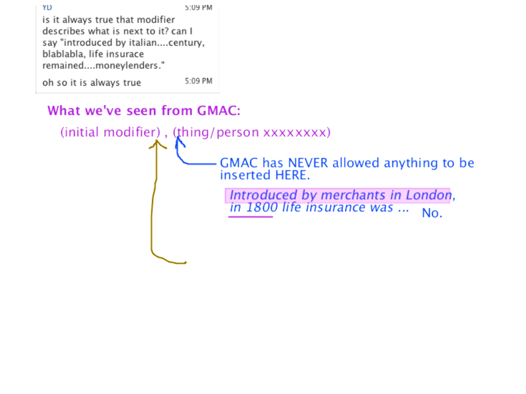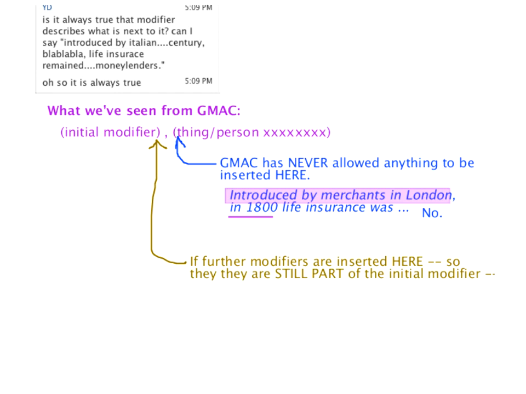In other words, if further modifiers are inserted here so that they're still part of the initial modifier, then that's acceptable.